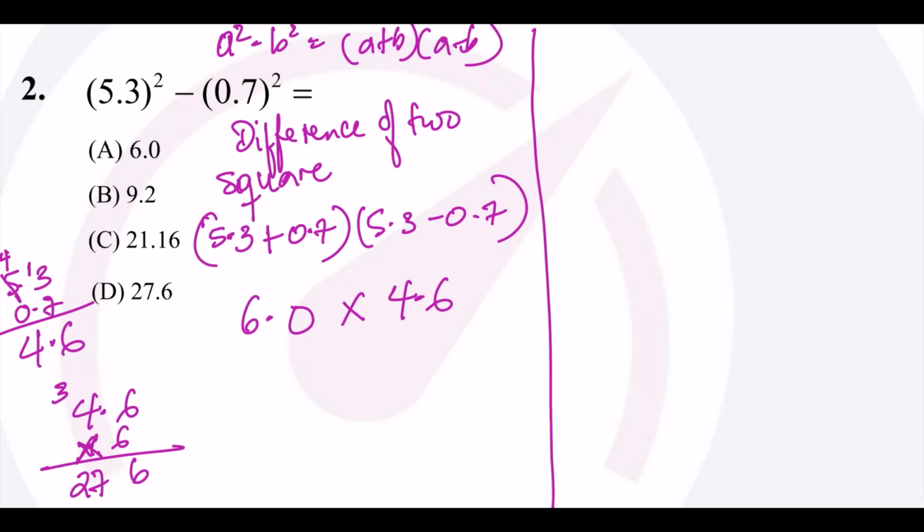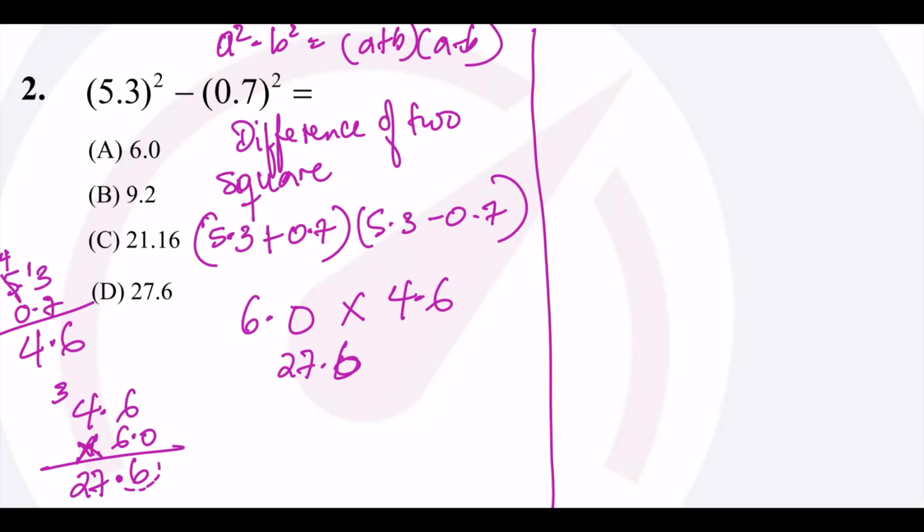Now remember how many decimal places we have here. This is 6.0 and that is 4.6. So we have only one decimal place because this 0 is insignificant. So we go 1 place, and our answer would be 27.6.